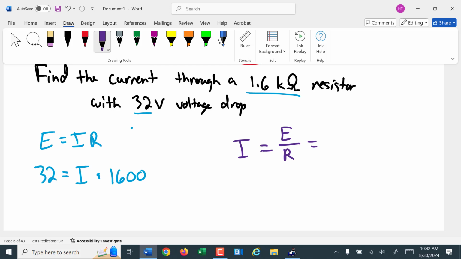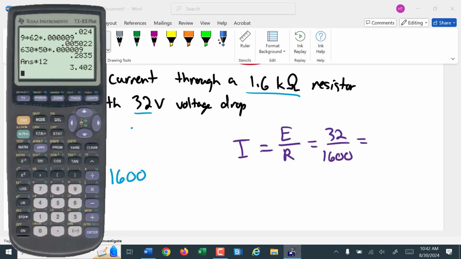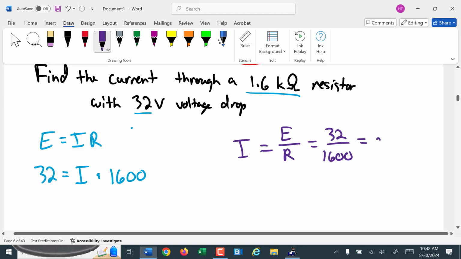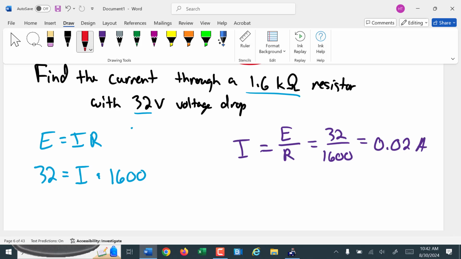But we did have those alternative forms of the formula up there where we said I is equal to the voltage divided by the resistance. So it's probably a little bit simpler if we do use that other form. What goes in for the voltage? 32 volts. And for R again, 1,600. We divide that out.